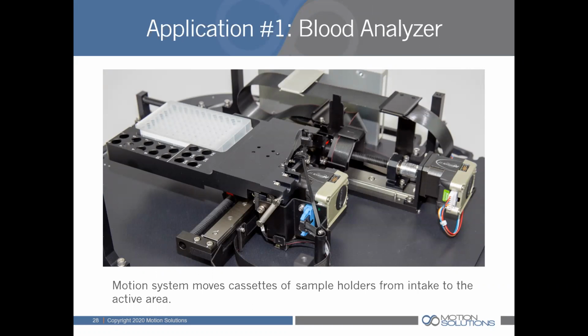So they're mixing cells into a fluid, and those would be put into a well tray. You have many samples in the well tray, and you're moving the sample tray under the pipette, which will come down and suck up the fluid, and then they do their analysis to see, in many cases, if you have cancer or other things in your blood.